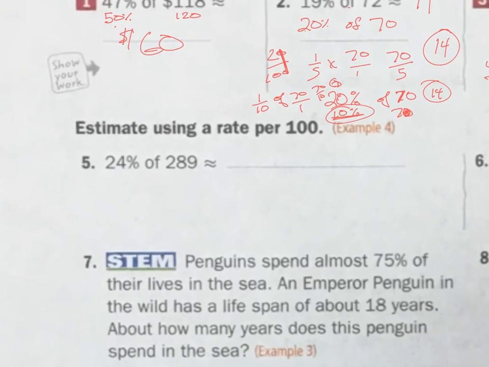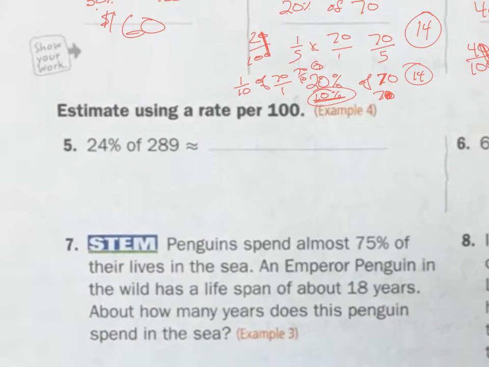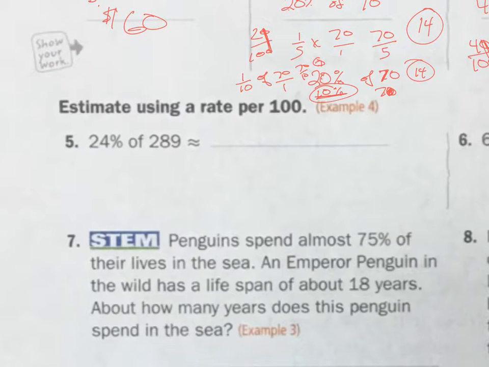All right, let's keep estimating. 24% of 289. I'm going to push this up to 300. I'm going to push this to 25%. 25% is 25 over 100, which is the same as 1/4, because I divide everything by 25. Now 1/4 times 300.